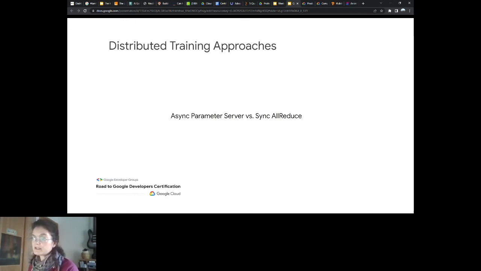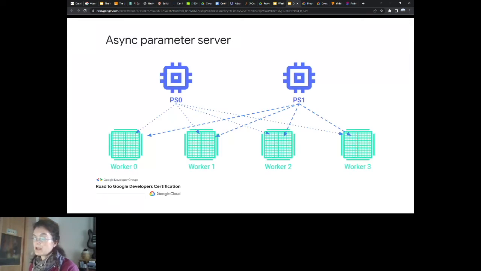Let's start with the asynchronous parameter server approach. As I said, these are ways of thinking, once you have your training data, about how you are going to distribute this with computers, or in which architecture you are going to start learning. And in the asynchronous parameter approach, as the name says, you have two different roles.